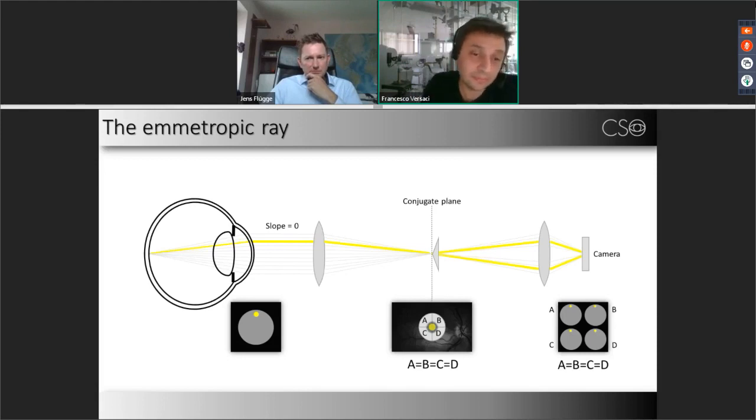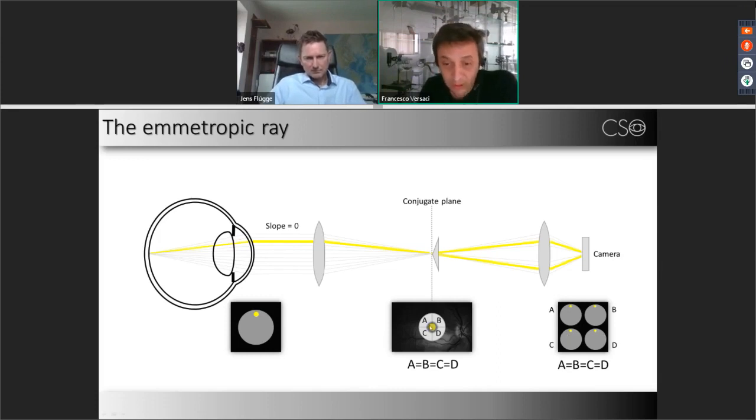Okay, if the ray is an emmetropic ray, so with slope equal to 0, by definition this ray is going to impact the pyramid exactly in the middle, which means that the pyramid is going to split the energy in 4 equal parts, and when I image those 4 subpupils, the point corresponding to the pupil point that we are measuring is going to have the same energy in all 4 subpupils.